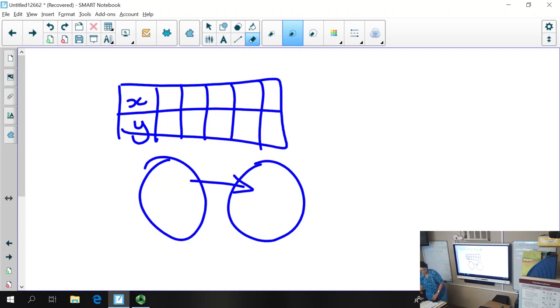The first one will be a straight line graph like this. The second one will give you a parabola, y is equal to x squared. Can you see now there are many to 1. Many x values to one y value, but it's still a function. It's still a function. Yeah, many to 1.